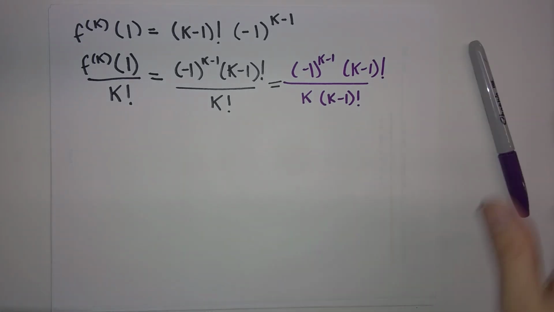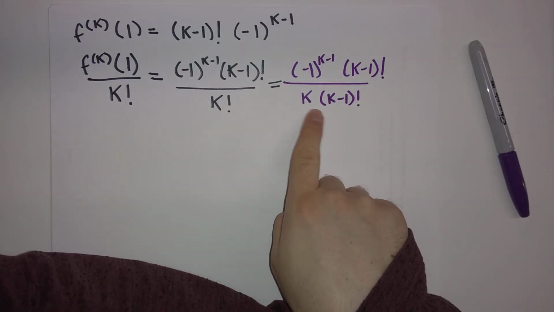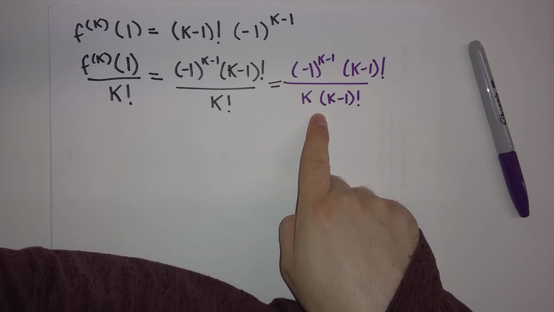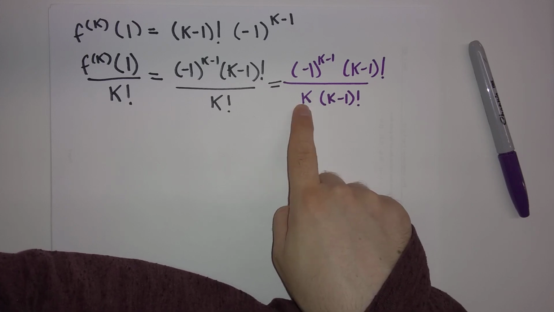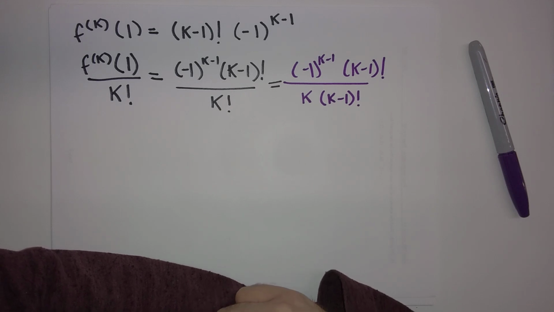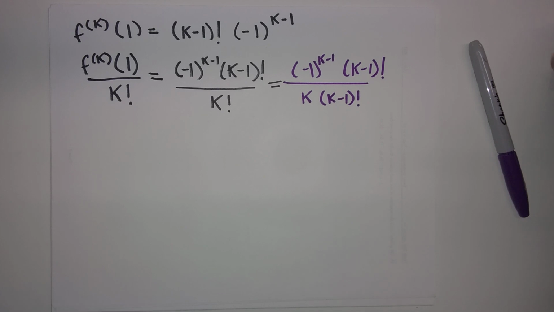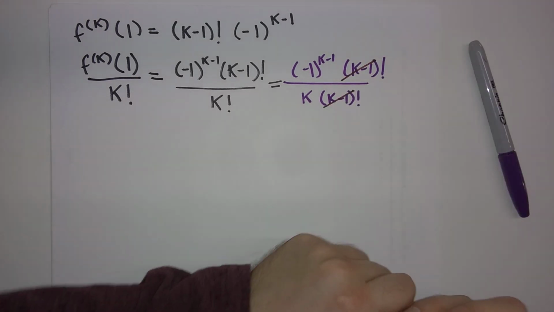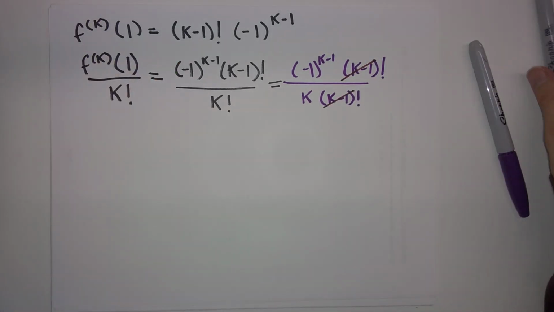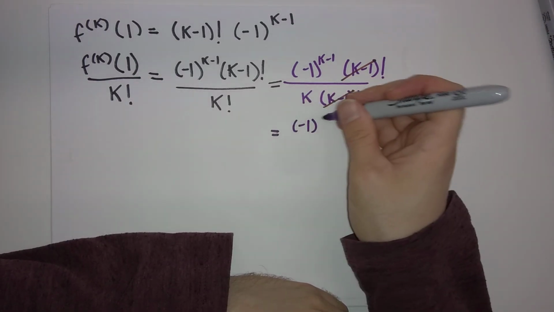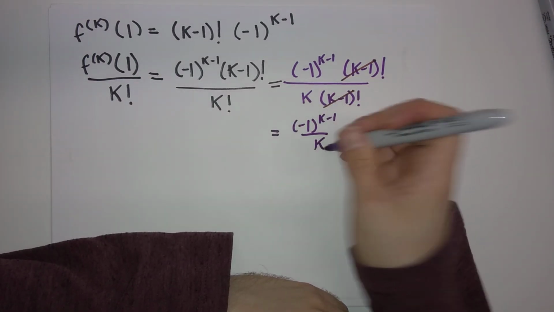So just an example of that, if k is 5, we can rewrite 5 factorial as 5 times 4 factorial, because that would be 5 times 4 times 3 times 2 times 1. So this checks out. And of course, we do that so that we can cancel things. And so we are left with (minus 1) to the k minus 1 divided by k.